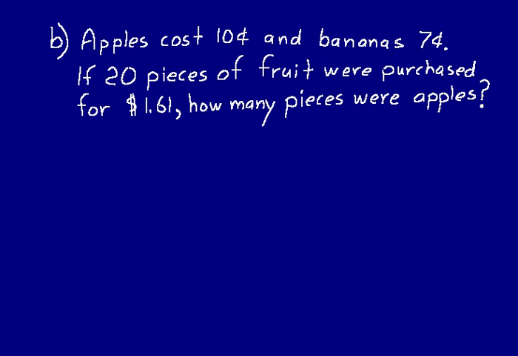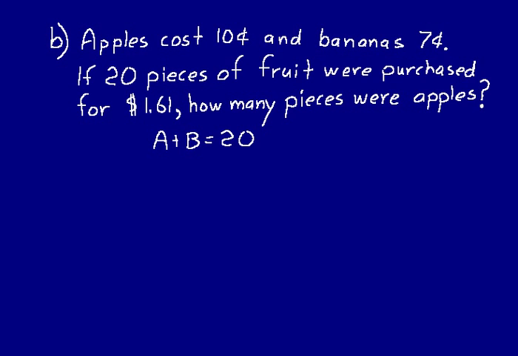So we'll set up two equations dealing with value and quantity, just like we always do on these value problems. Let's do our quantity one first. We have 20 pieces of fruit. So we can just say A for apples plus B for bananas equals 20. And then we have a value equation to make.